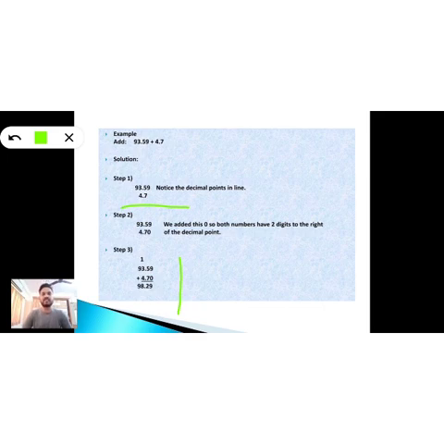So here the final result is 98.29. So adding 93.59 plus 4.7 is 98.29. By the same way, let us see some more examples.